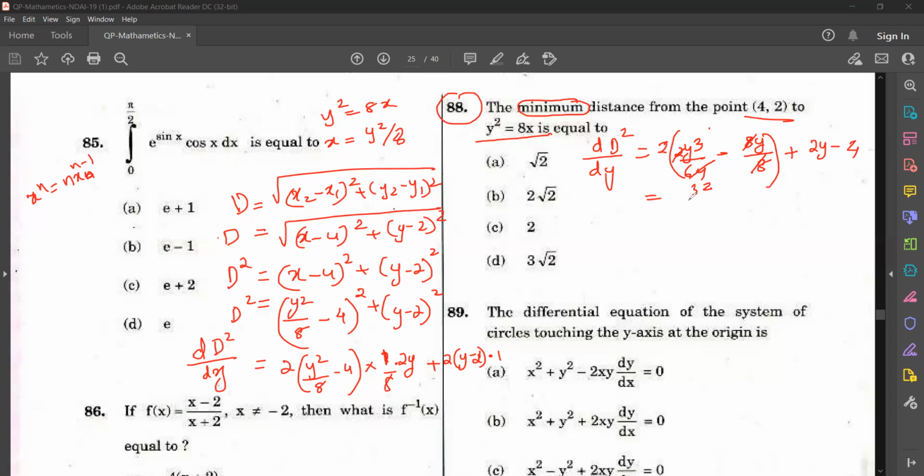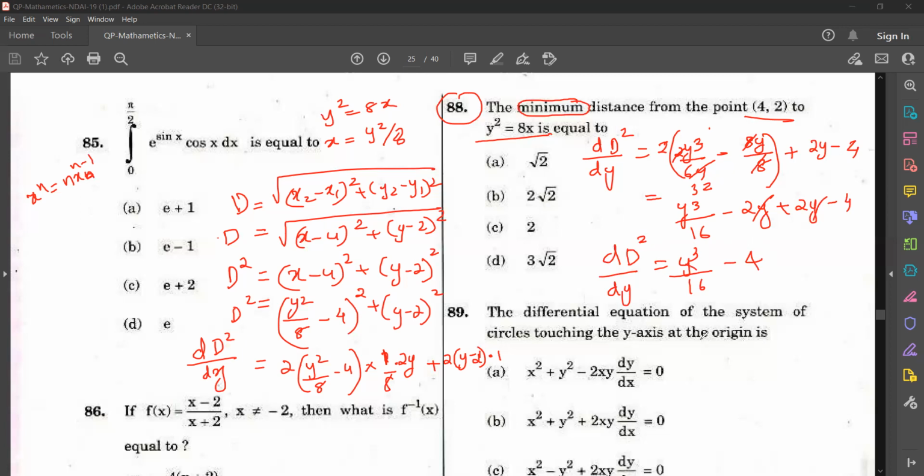Then if I take this 2 inside, this becomes y cube by 16 minus 2y plus 2y minus 4. So this will become y cube by 16 minus 4. I'm doing it slowly for you to understand. This is just differentiation. So that is d by dy of d square.